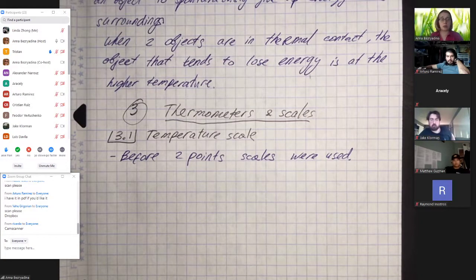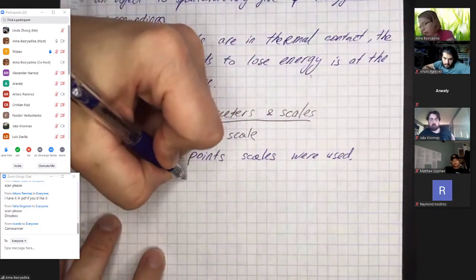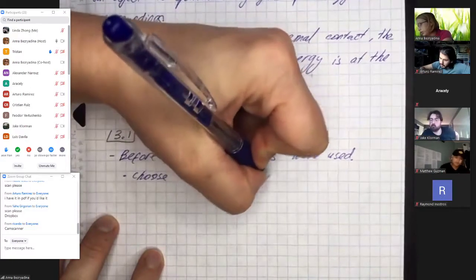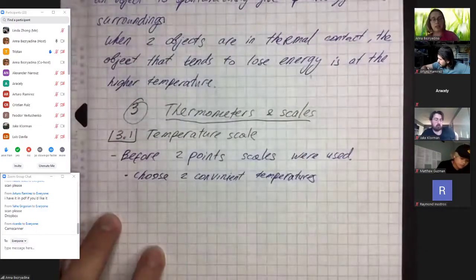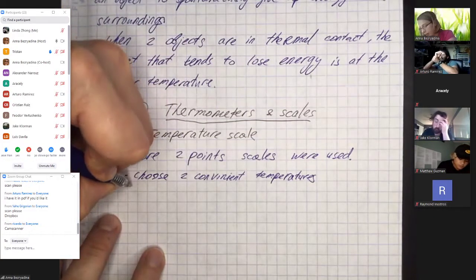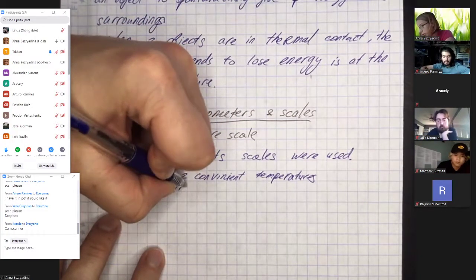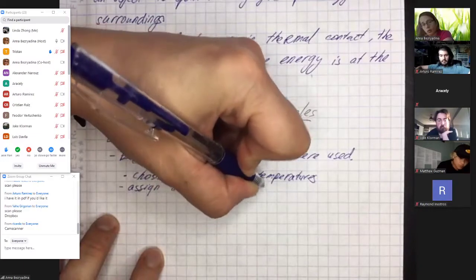So we choose two convenient temperatures, and then assign an arbitrary number and break the scale into equal intervals.